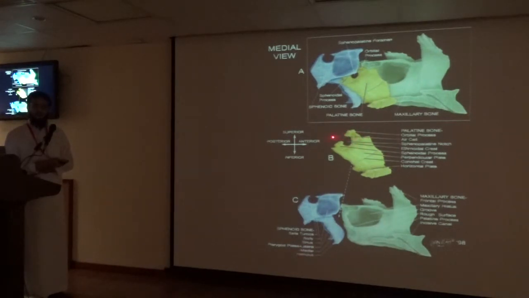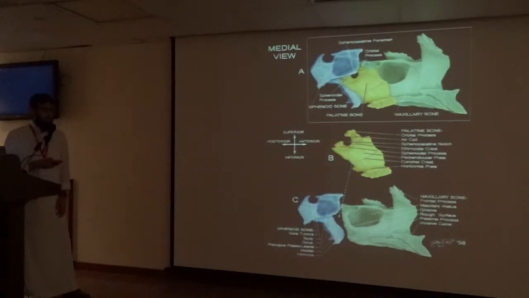You need to remove it before reaching the sphenopalatine area, and this is the sphenoid process laterally. The sphenoid process goes laterally and joins the medial process of the pterygoid bone to make the so-called palatovaginal canal, and we will see it in a while. In between, we will have the sphenopalatine notch.